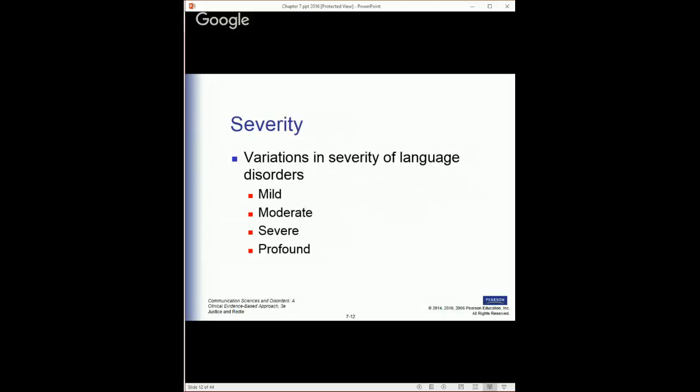Severe impairments typically require extensive modifications for the child to perform in social and academic settings. From early childhood on into adolescence, children with severe language disorders will differ substantially from their same age peers in comprehension and in the area of expressive language. In the classroom, a child with a severe disorder might have an assistant who will help them to enter into conversations with peers, prompting them with specific words to use.